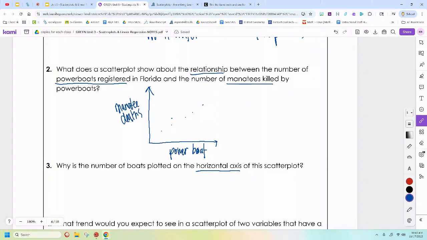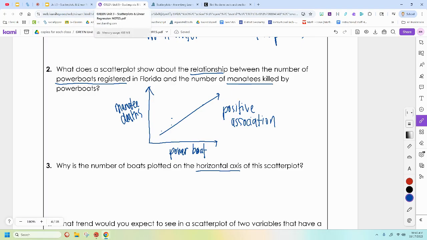And there was this positive association. But I think it's really important what she mentioned at the end, that just because there's that association there, it just warrants us going deeper into finding out what's happening. It might not necessarily be just the fact that the powerboats have increased in registration. That's the reason why the manatee deaths have increased.